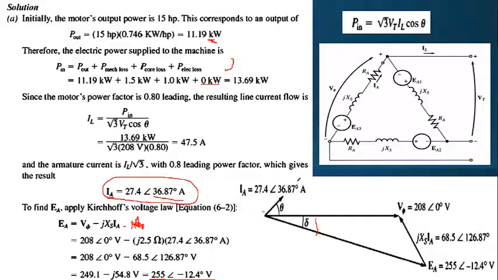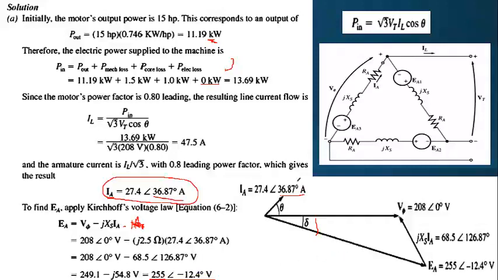So the current comes, and we know the current is 27.4 angle 36.87, where this angle represents theta. So you write it here. The current leads the phase voltage, and we know that the EA lags the V phase, so we draw the EA too. The angle between the V phase and the EA is our delta, and we know that the delta is 12.4 degrees.